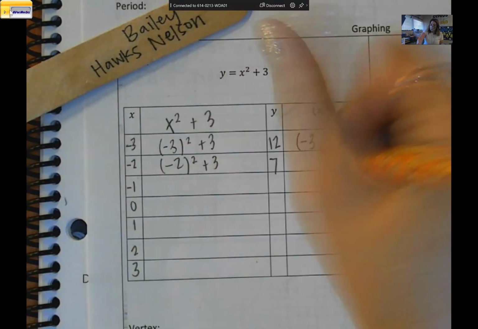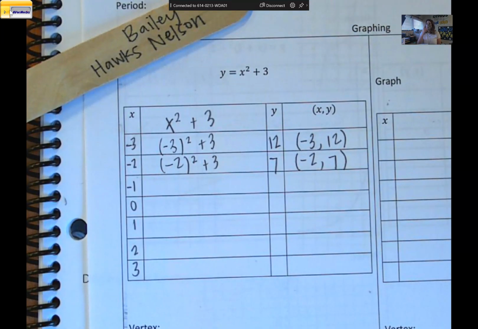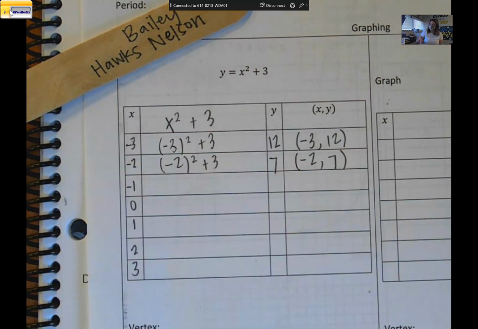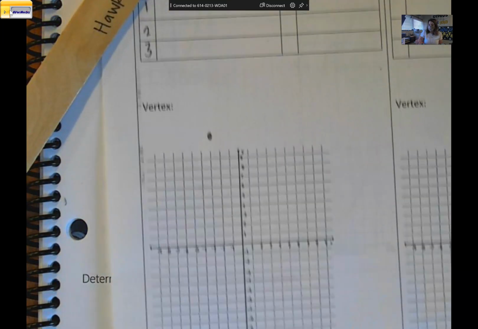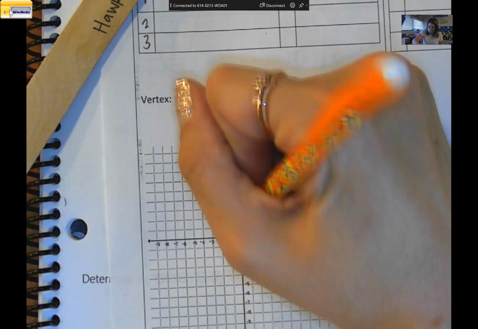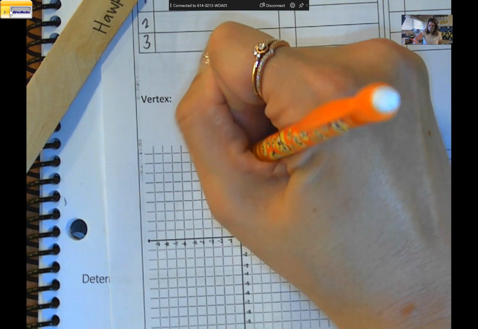So this time we plugged in a -2 and the function gave us 7. So this is what we did last time. Now we're going to use those values to put a point on this graph. So we go left 2 and up to 7.